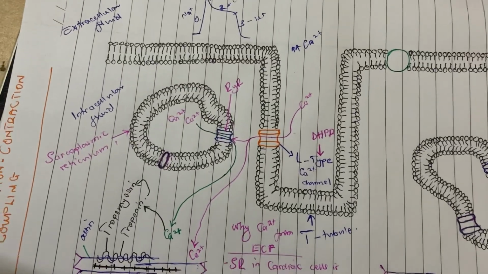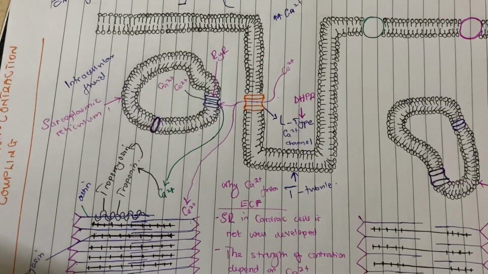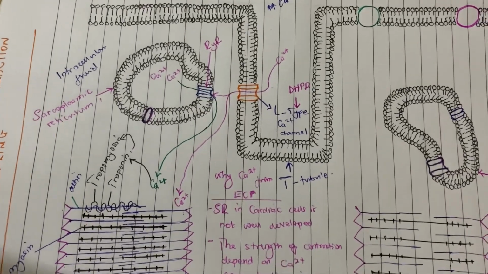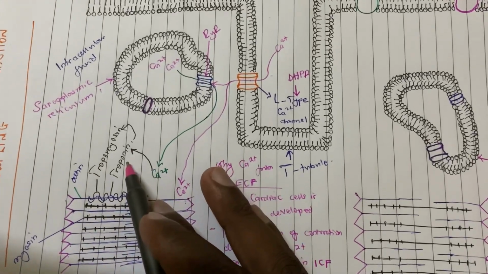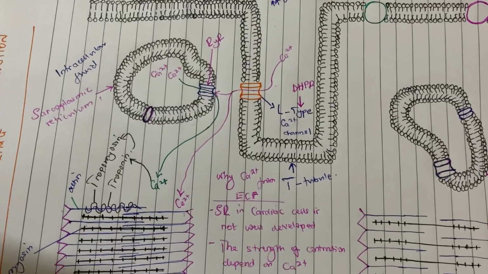Another thing: when we are testing for myocardial damage, we look at the troponins, because they can move out of the cell.